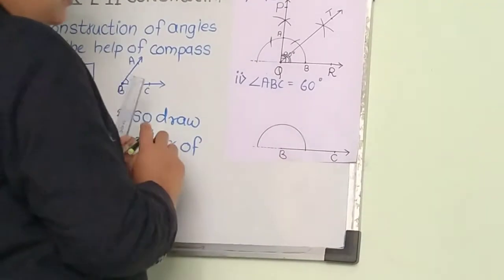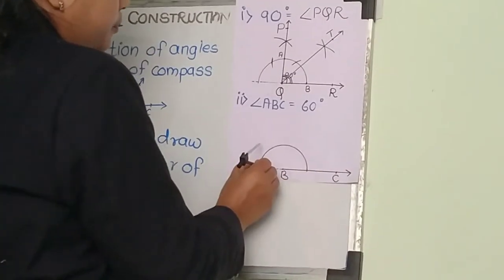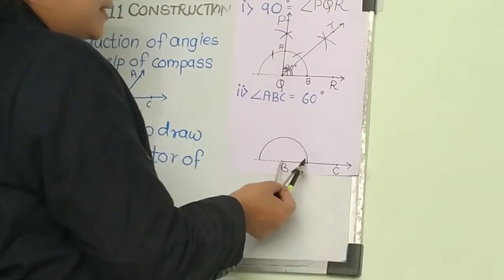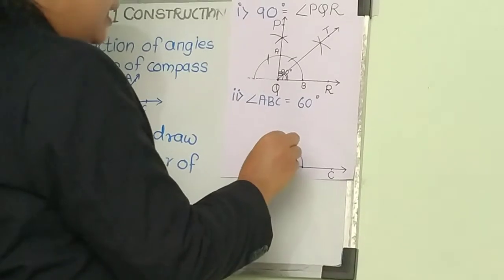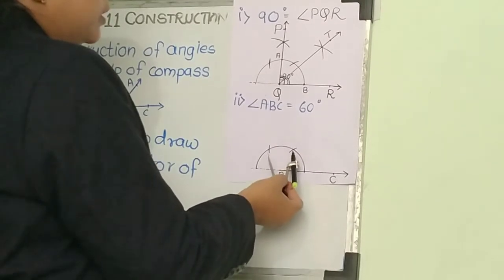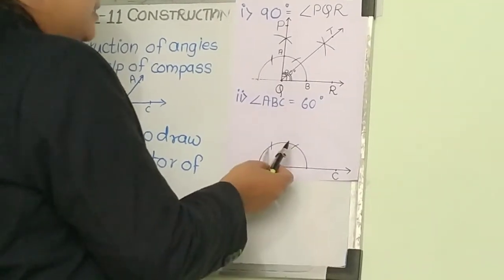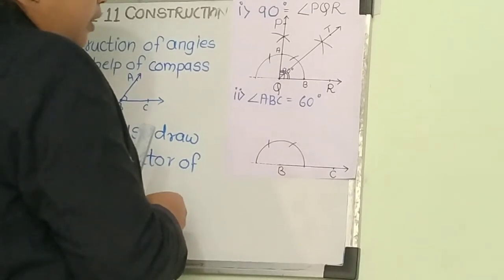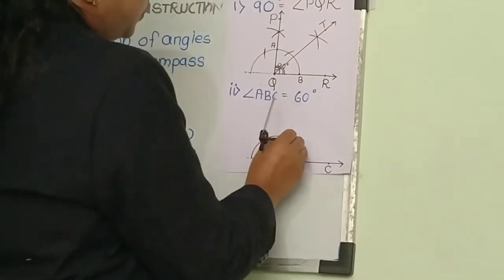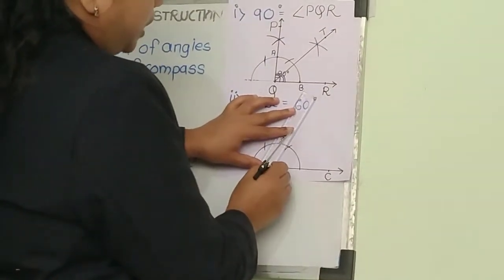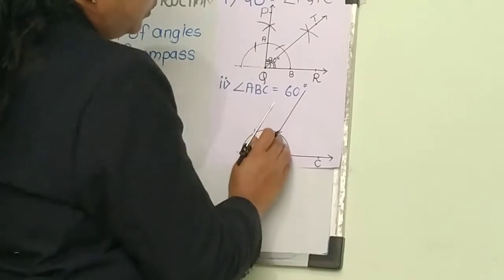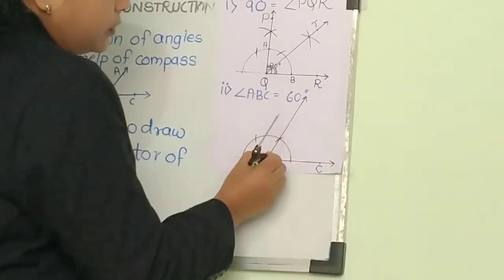Okay, so here we get the 2 points. Okay, then what we are going to do? With that fixed length, we are going to mark the arc. First arc, second arc. I told you that first arc it is of 60 degree and second arc it is of 120 degree. So here directly we get the 60 degree angle through this first arc. So from B point we have to draw the arc or ray through that arc, and it is of 60 degree.